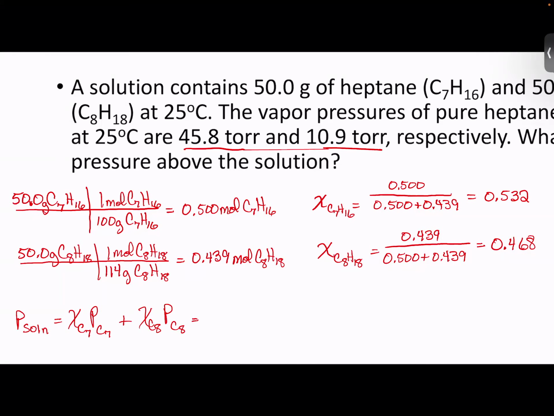So that's going to equal 0.532 times 45.8 torr plus 0.468 times 10.9 torr. And you get 29.5 torr.